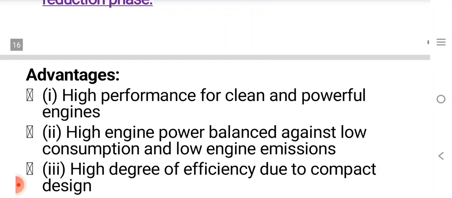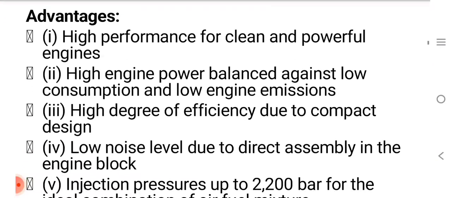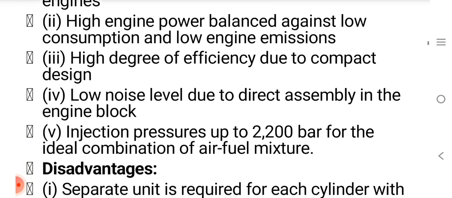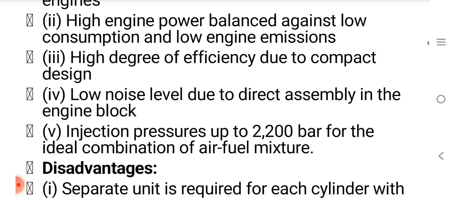The advantages of the solid injection systems: high performance for clean and powerful engines, high engine power balanced against low consumption and low engine emissions, high degree of efficiency due to compact design, low noise level due to direct assembly in the engine block, injection pressure up to 2200 bar for the ideal combination of air fuel mixture.